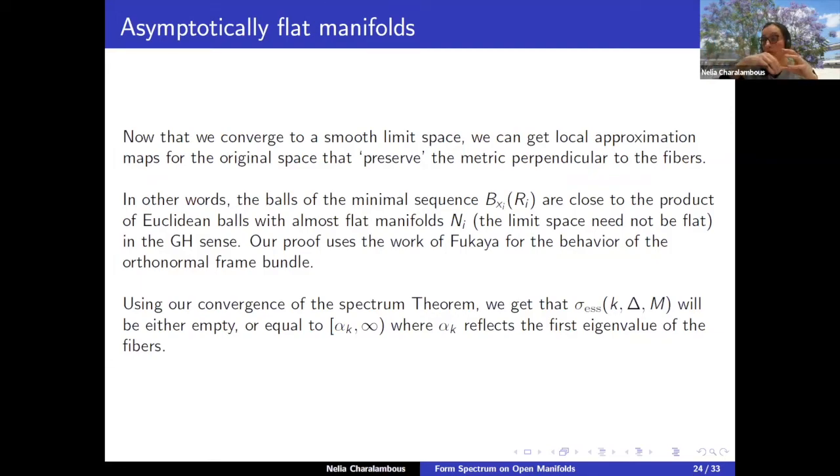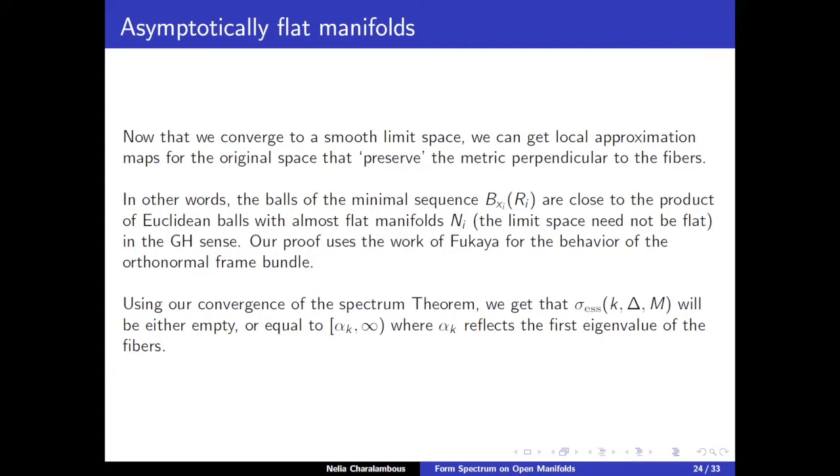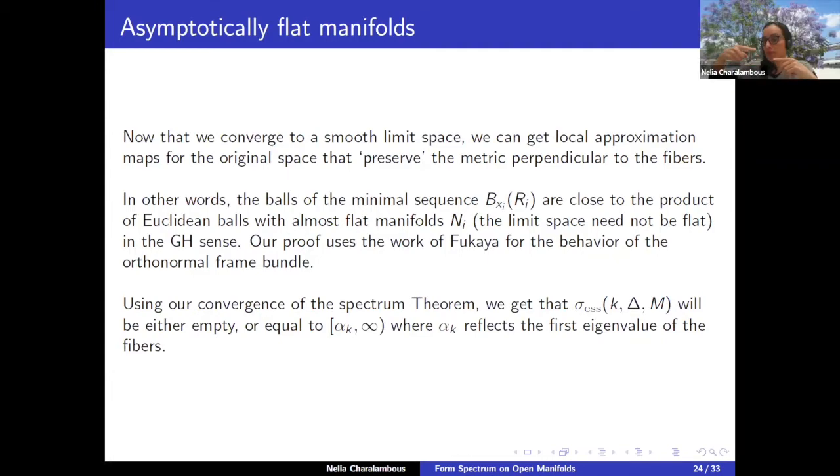That's the part of the orthonormal frame bundle that's going to collapse at the end of the day. And the orthonormal frame bundle allows us to recover this thing that will be collapsing and to better describe it. So it's not as easy to do if you just look at M on its own, but if you move up to the orthonormal frame bundle, you can keep the structure of the fiber that's going to collapse at the end of the day without losing it.